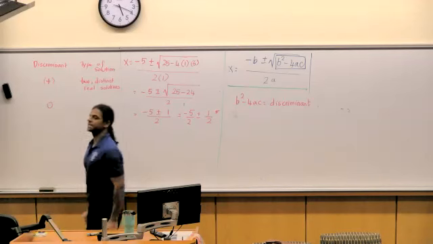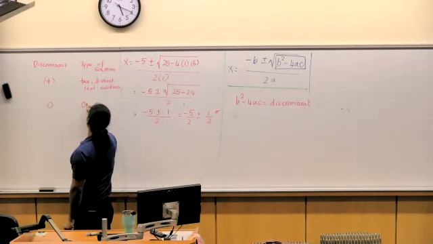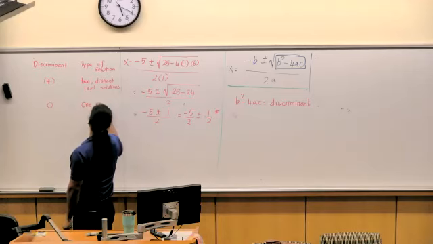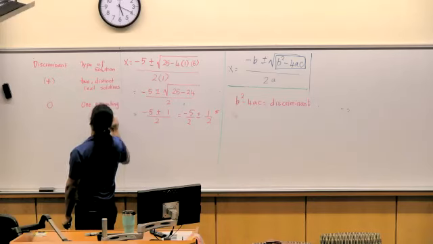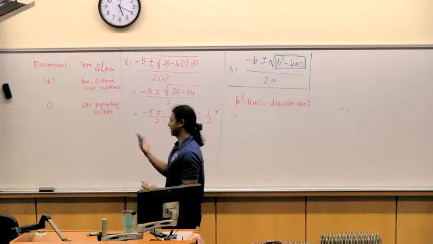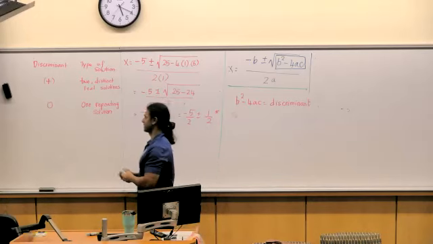If the discriminant is exactly 0, we call it one repeating solution because we need to have two solutions for a quadratic equation.